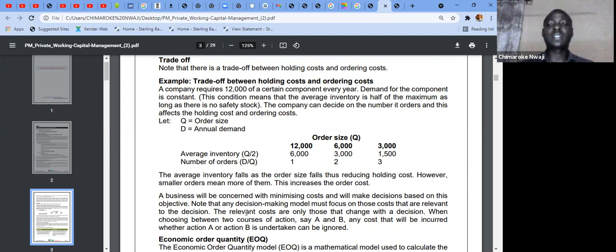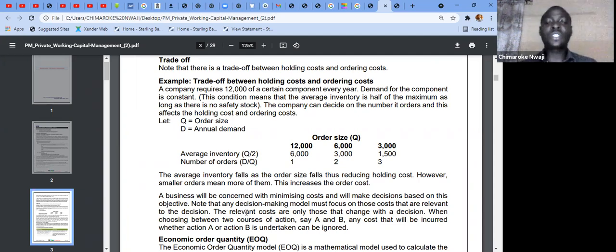You are going to make 4 orders. If you are making 4,000 units each order, it means you are going to get 3 orders. And your average will be 2,000 per order.